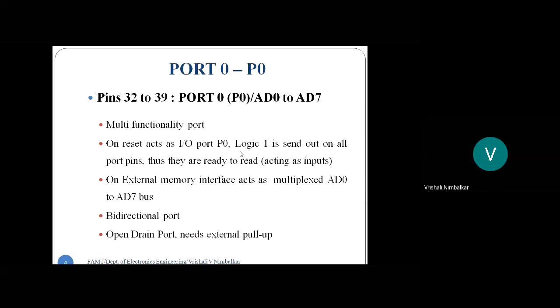Put it on a breadboard, give it VCC and ground, connect a crystal oscillator and just power it on. Whenever you power it on, all the port pins of the microcontroller should show 5 volt. On all the pins, you should get logic 1. That is one of the ways to check whether your controller is functioning or not.